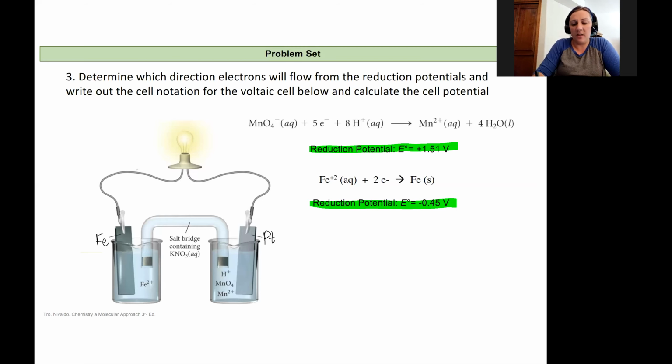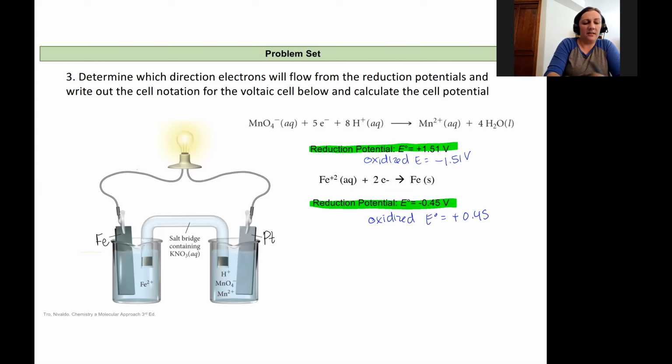When it's oxidized, its potential will be equal to negative 1.51 volts. Now I'll compare that to my iron. Iron +2 being reduced to iron will have a cell potential of negative 0.45 volts. If it was being oxidized, that cell potential would be plus 0.45.